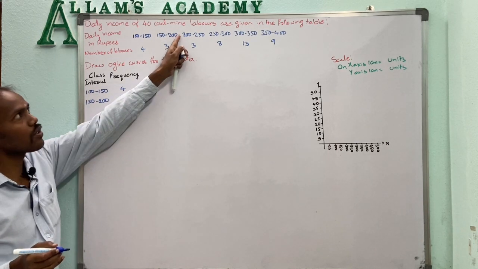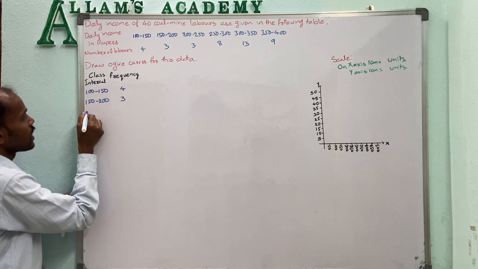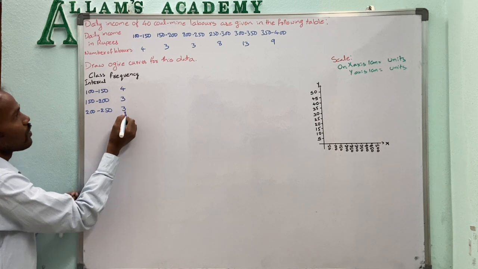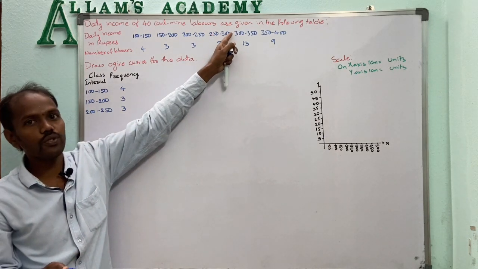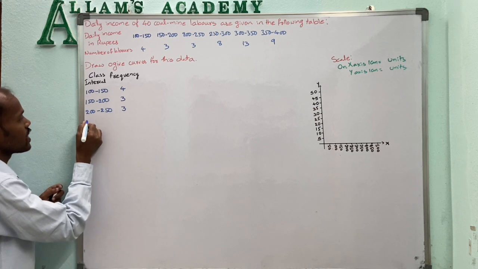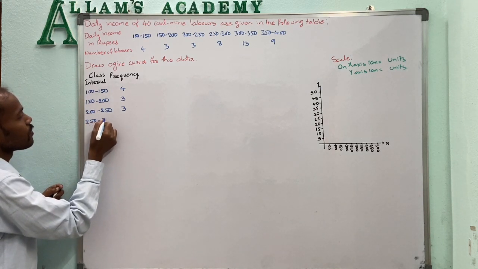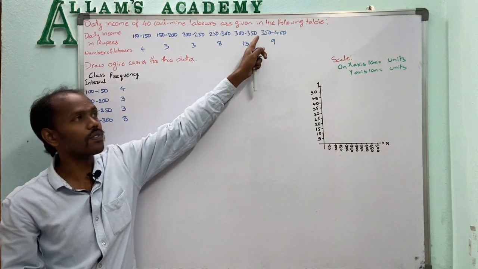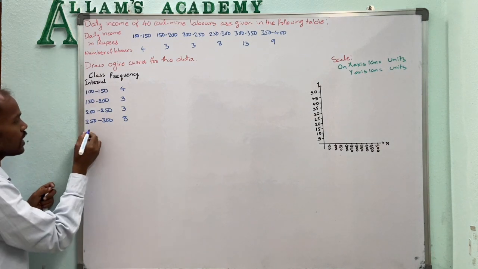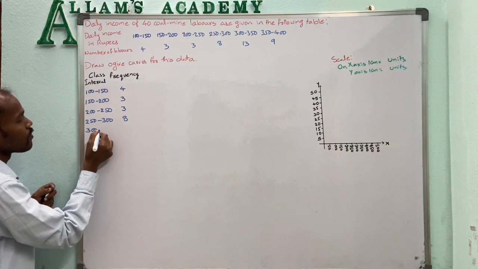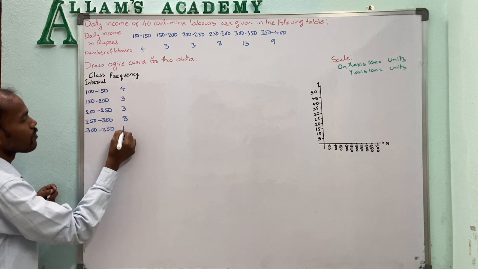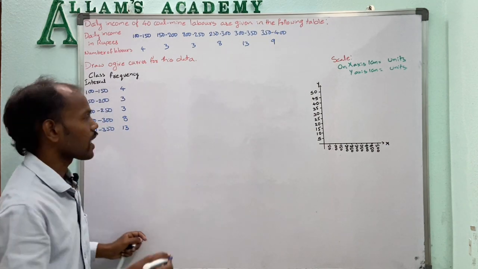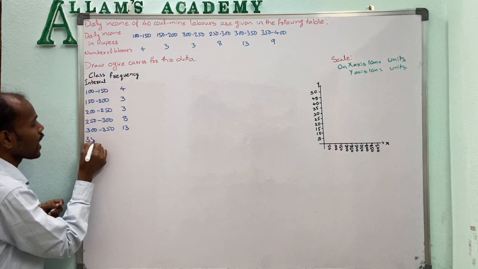For 200 to 250, the corresponding frequency is 3. For the class interval 250 to 300, the corresponding frequency is 8. For 300 to 350, the corresponding frequency is 13. For 350 to 400, the corresponding frequency is 9.